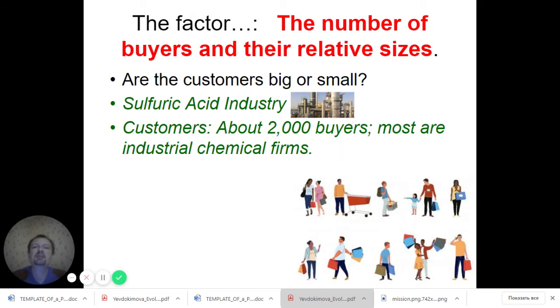The next factor is number of buyers and their relative sizes. At some markets you can see a situation where there are a lot of buyers, a big number. It's not even possible to count them. But in some markets there are only a few big buyers, and in this case you have to follow their special needs.